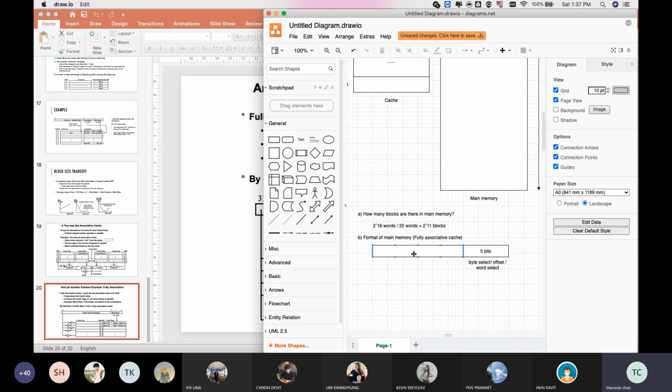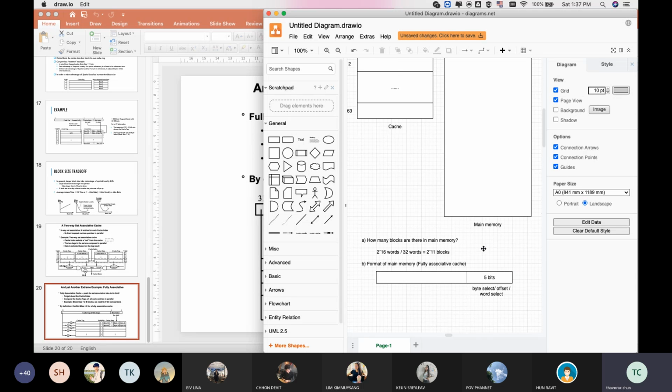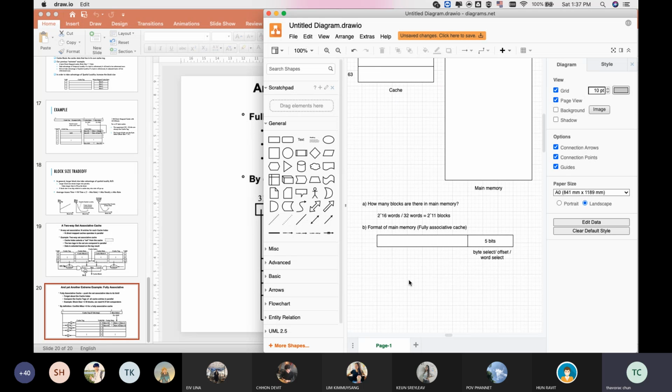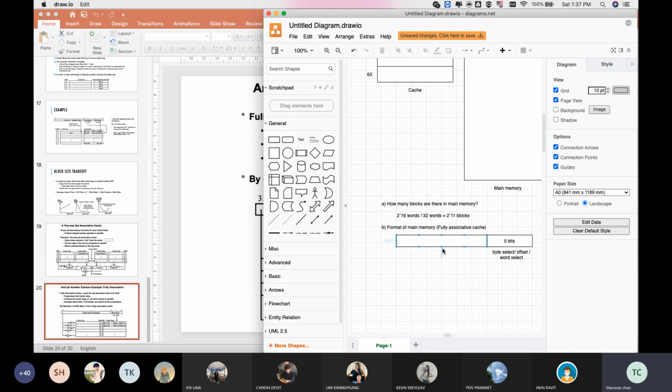Tell me if you still cannot figure out how to find it. So we need 5 bits here because we have 32 words inside one block. And then the remaining, the cache tag here, is the total amount of bits in the main memory address minus the offset.